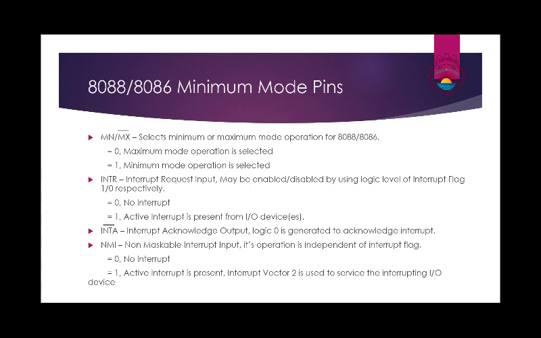Difference with INTR is that the interrupt vector is decided for NMI pin, and interrupt vector 2 will be used for servicing the interrupting device, IO device. While in case of INTR, there is some other method to get interrupt vector number. The concept of interrupt vector will be discussed in the chapter interrupt.